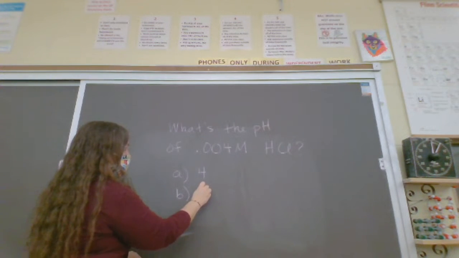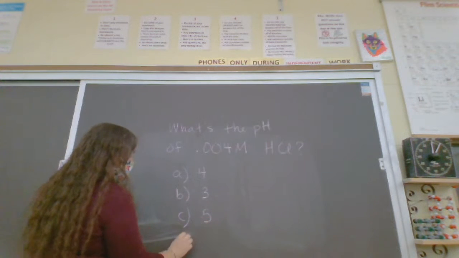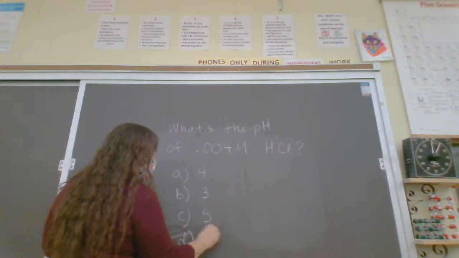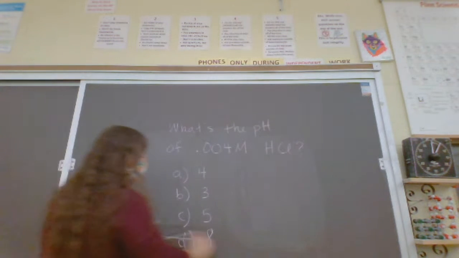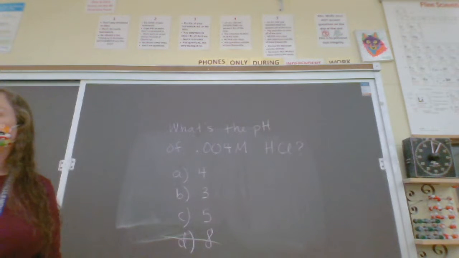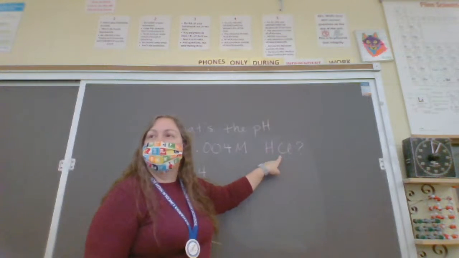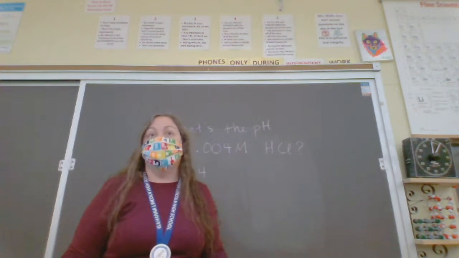Is it 3? Is it 5? Or is it 8? Okay, well, which one can I eliminate? Definitely not 8. How do you know? HCl is an acid. If HCl is an acid, then it definitely has to have a pH below 7.